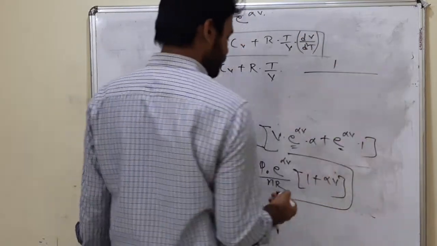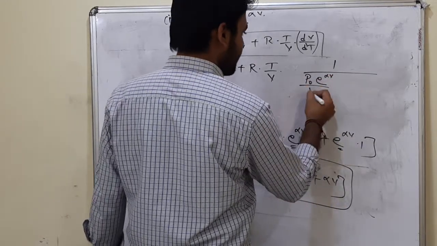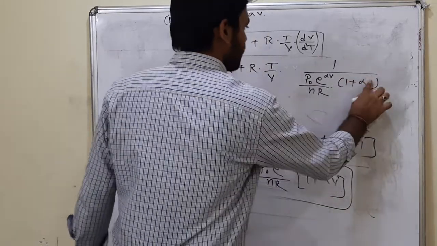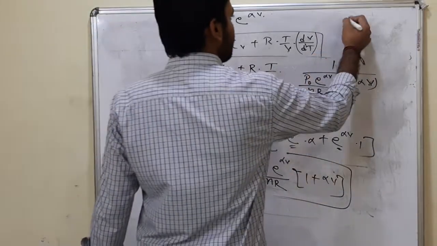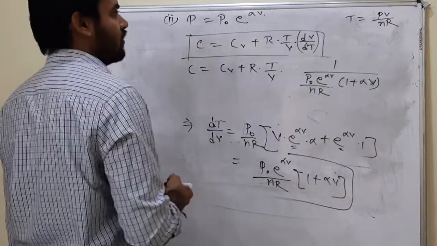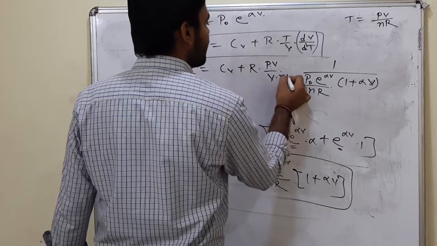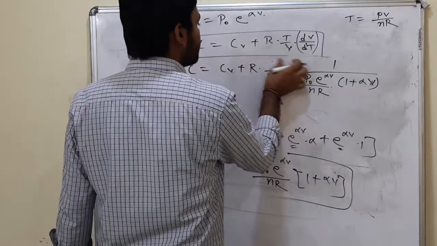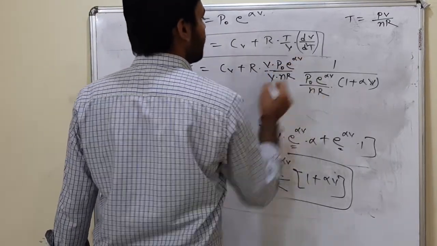It will be 1 upon P naught e to the power alpha V divided by nR, and 1 plus alpha V. For this T we can write PV divided by nR. Now this P can be written as P naught e to the power alpha V.